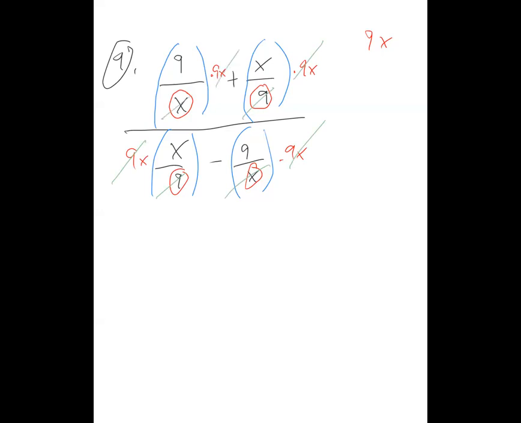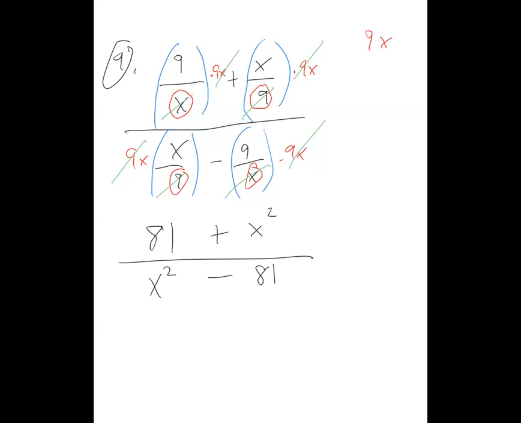So the only thing left is just 9 times 9 on the first, and that's 81, plus x times x, which is x squared, over x times x, which is x squared, minus 9 times 9, which is 81. Amazing. So this is all you have to do. This is the answer.